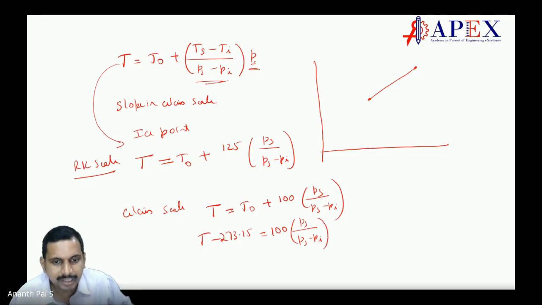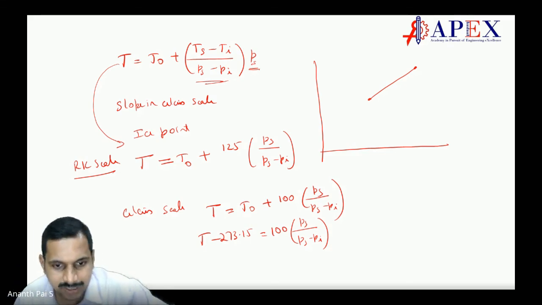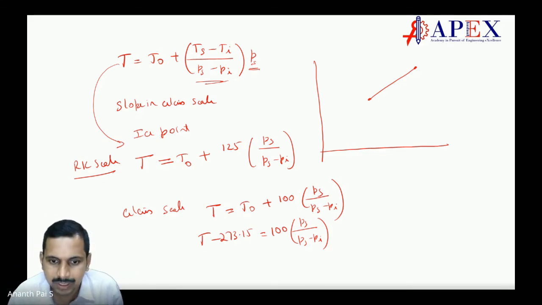If I take a particular temperature as 0, absolute 0, this will be 0. Sorry, if you take the ice point, I can take the ice point also, students, correct? So if I take the ice point, it will be 0. So what is happening here?